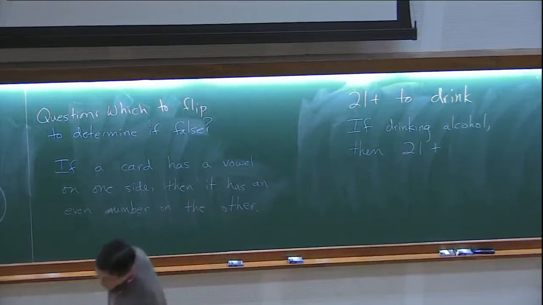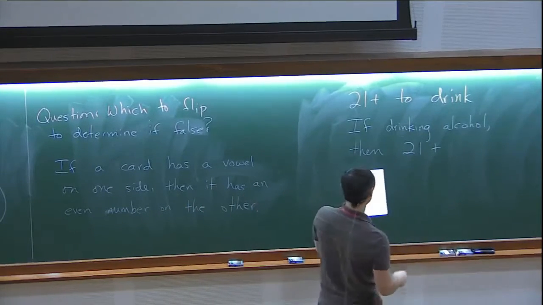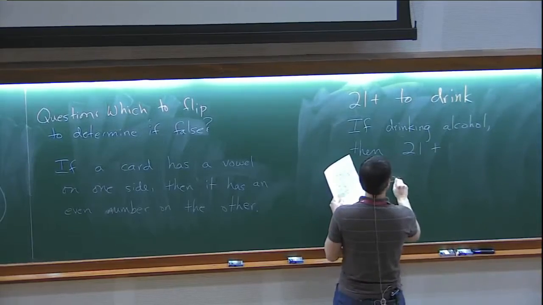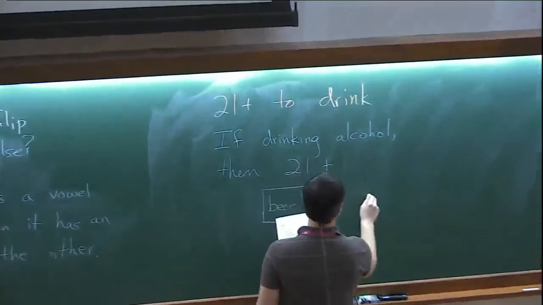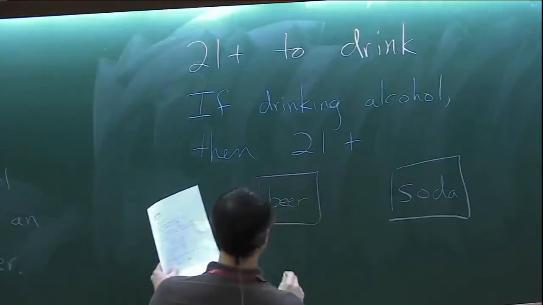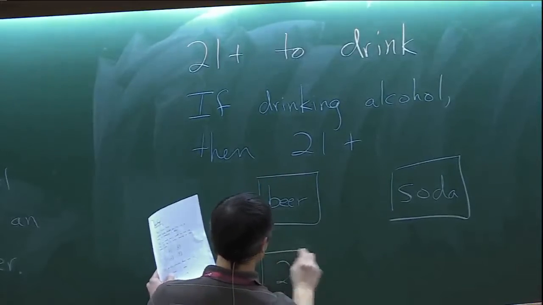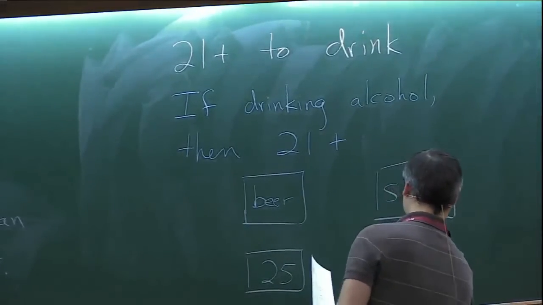You see 4 people in the bar. One person is drinking a beer. Another person is drinking a soda. Another person is 25. And the last person is 17.